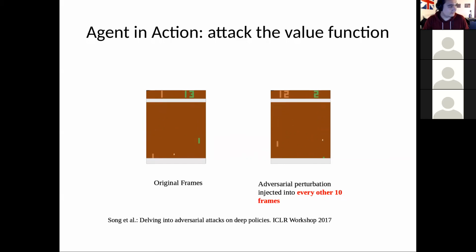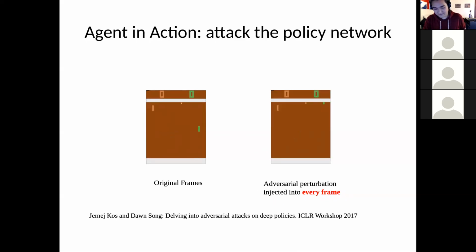You said in addition to value perturbation, there's policy perturbations. Yes. Is that also by just doing stuff in the frame? Yes, that is also just by directly attacking the frame. So I'm confused about what the difference is in the two methods. Right. We'll talk a lot about this when we get to RL later in the semester, but there are two really big ways of training reinforcement learning agents.